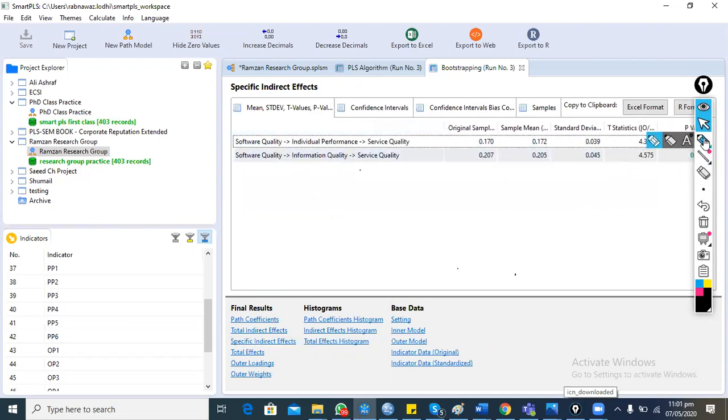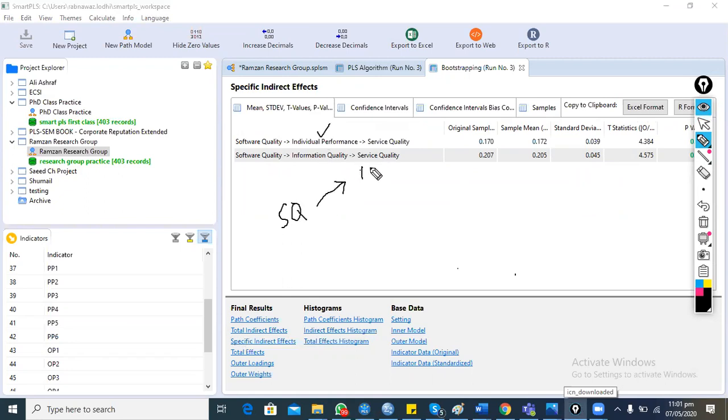So if we write the diagram, how can we mention it? Software quality, its impact on individual performance, the first mediator, and then on service quality.